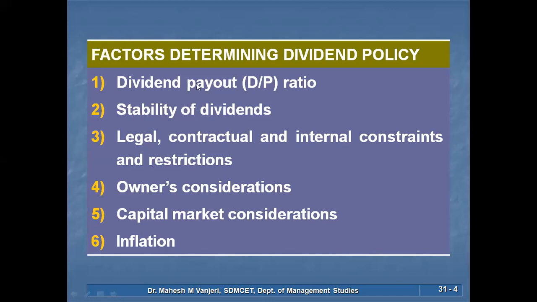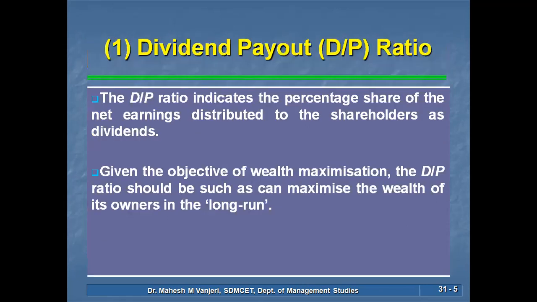While making a dividend decision or determining a dividend policy, the finance manager must consider the impact of these factors upon the dividend policy in order to arrive at a sound or correct dividend policy, because dividend policy is going to affect the wealth of the shareholders. And the ultimate goal of financial management or corporate finance is maximizing shareholders' wealth. So with this background, let's go ahead with the first factor.